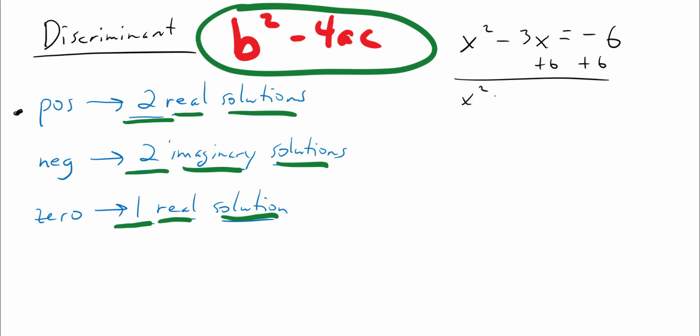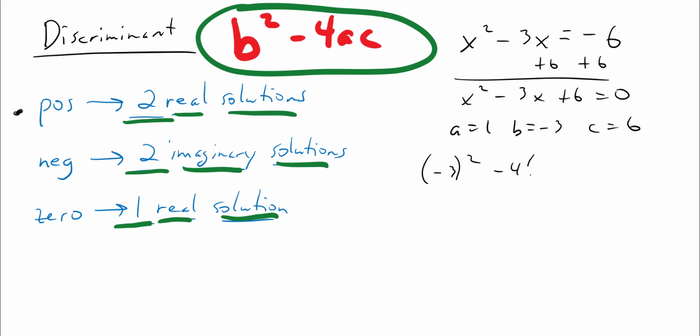So you get x squared minus 3x plus 6 equals 0. A is 1, B is negative 3, and C is 6. All right, b squared minus 4 times a times c. That gives you 9 minus 24, which is negative 15. So there you go. That's the discriminant.